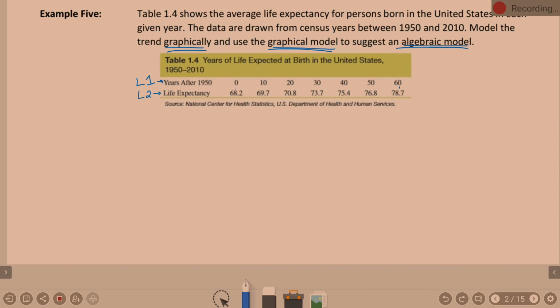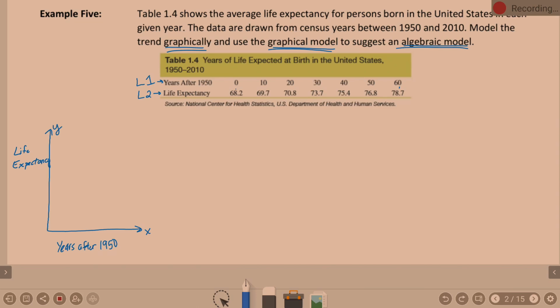Now, I'm going to put just a little sketch over here, not that you have to have detail. Our x-axis was years after 1950. The y-axis represents life expectancy. And just the idea that these dots, what do we have?